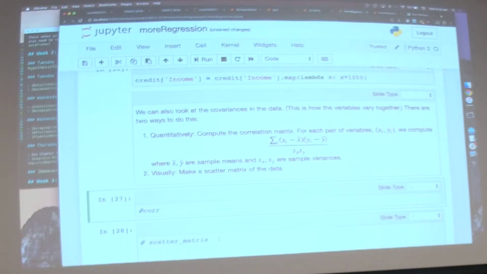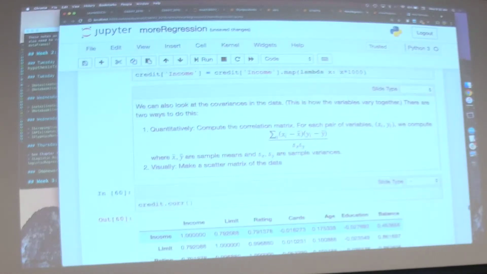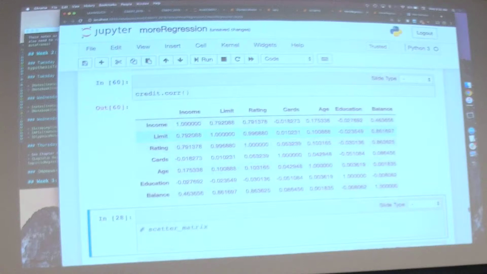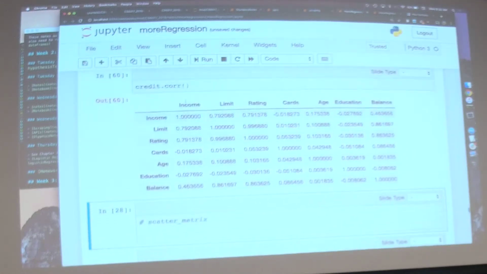So we can use the correlation function, and that'll tell us how things are related. Everything is correlated perfectly with itself. Not a surprise. But let's look at some of the others. Anything pop out at anybody here? The limit and rating seem to be pretty strongly related.